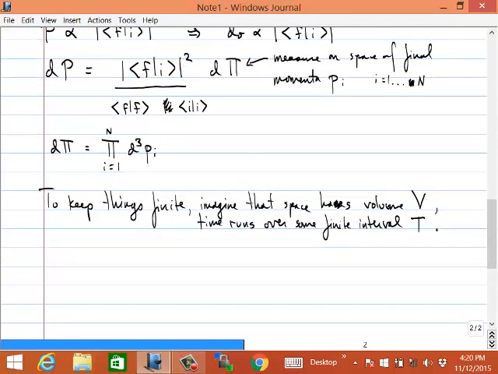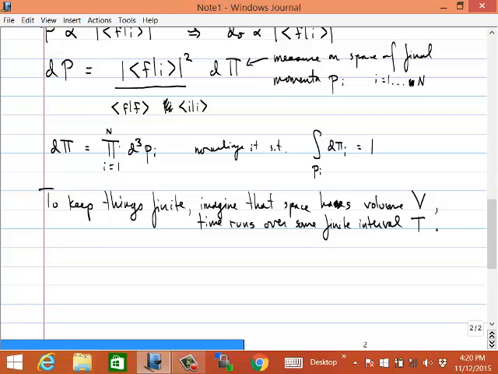So when I talk about this measure on the space of final momenta, d pi, I'm going to normalize it such that if you integrate over all of the d pi i, you should just get 1. What does that mean?